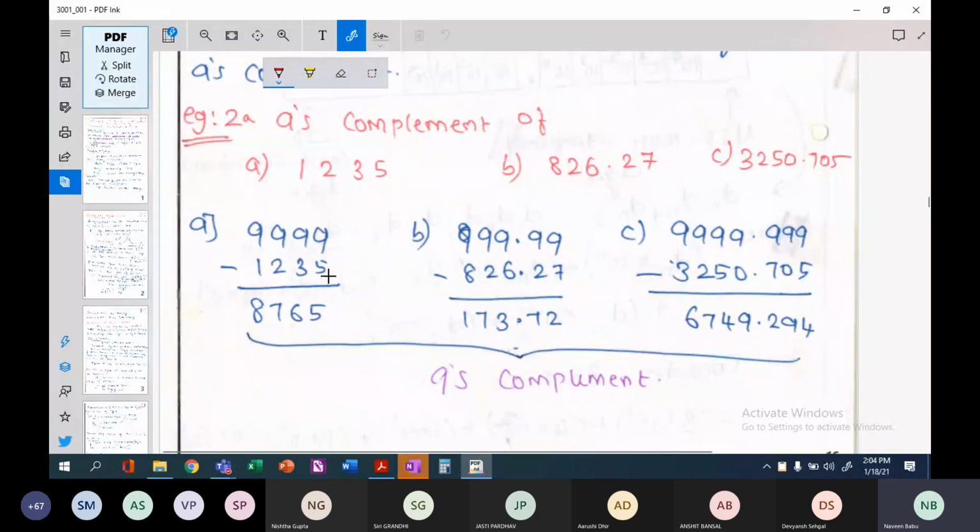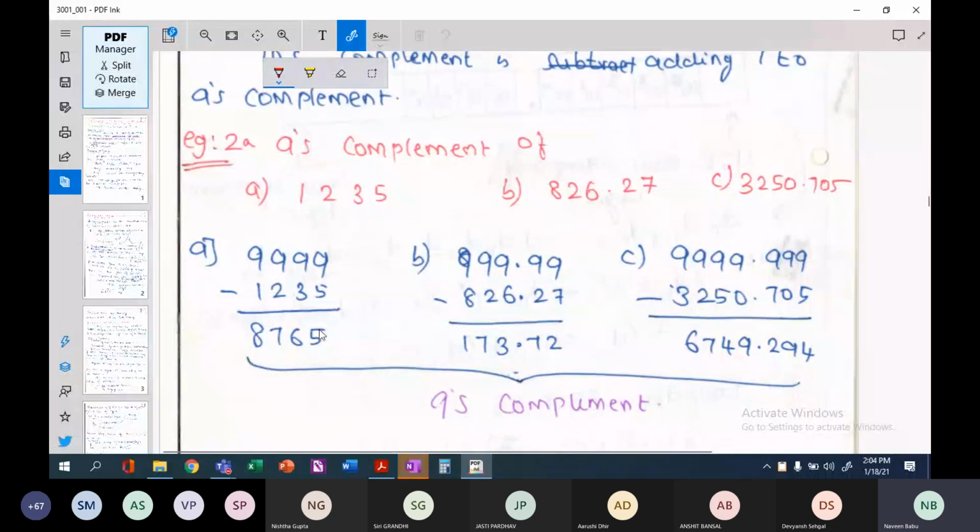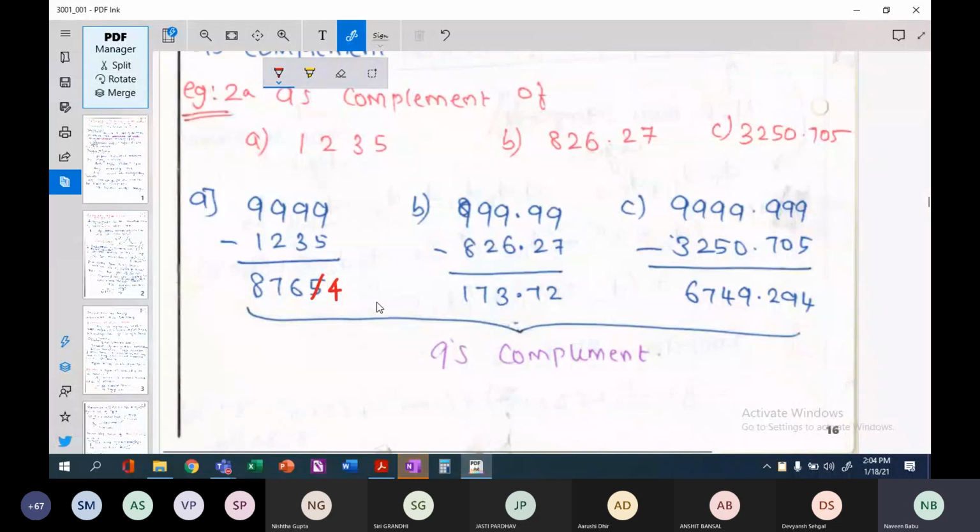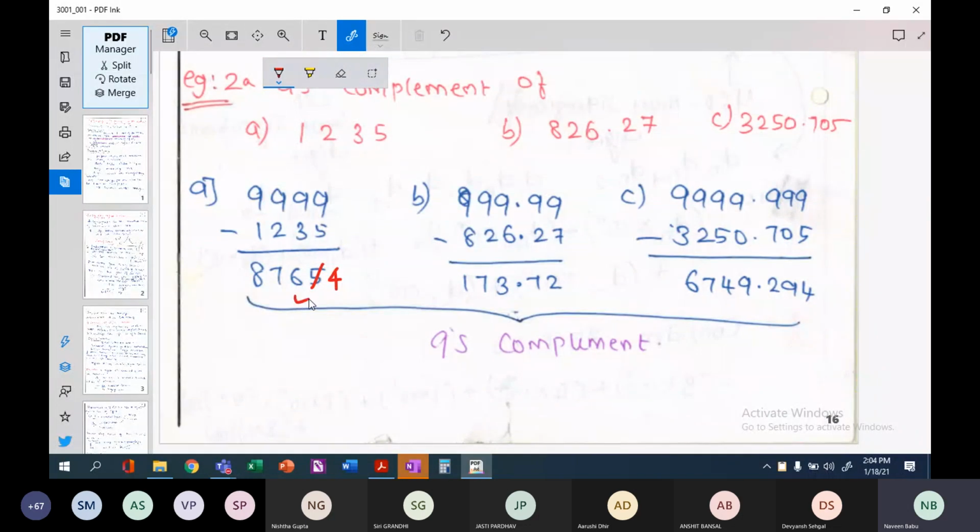There is a mistake here. This should be 4 because 9 minus 5 is 4. And here it is 6. This is right, 9 minus 2 is 7. And 9 minus 1 is 8. So 8764 is the 9's complement of 1, 2, 3, 5, meaning minus 1, 2, 3, 5 is represented as 8764.